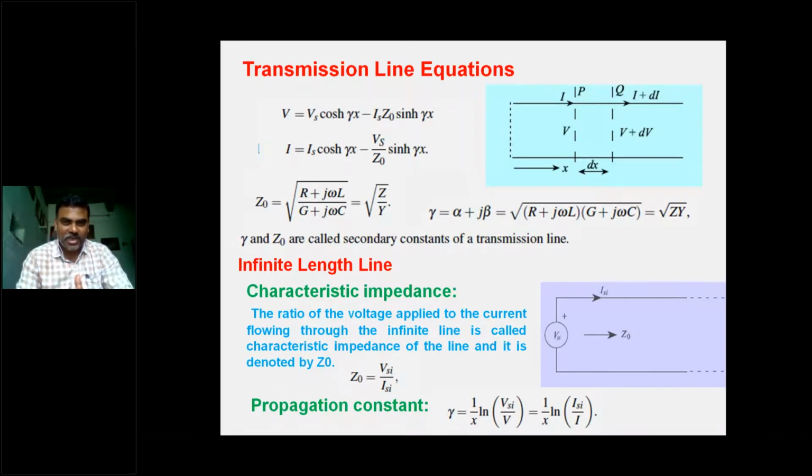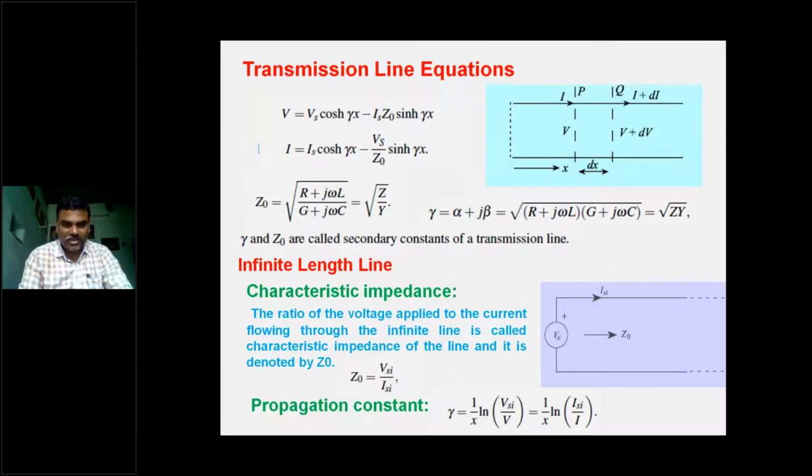For the transmission line we have primary constants and secondary constants. Primary constants are the parameters involved in the equivalent circuit: R, L, G, and C. Secondary constants are related to the primary constant values: root of (R plus j omega L) by (G plus j omega C) is Z naught, and similarly root of the product of those is called gamma.